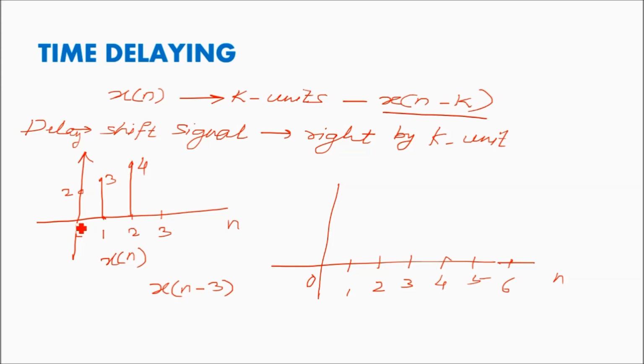So the value at 0 shifts to 3, the next value to 4, and so on. This is x of n minus 3. Time delay means shifting the signal towards right by k units, here 3 units.